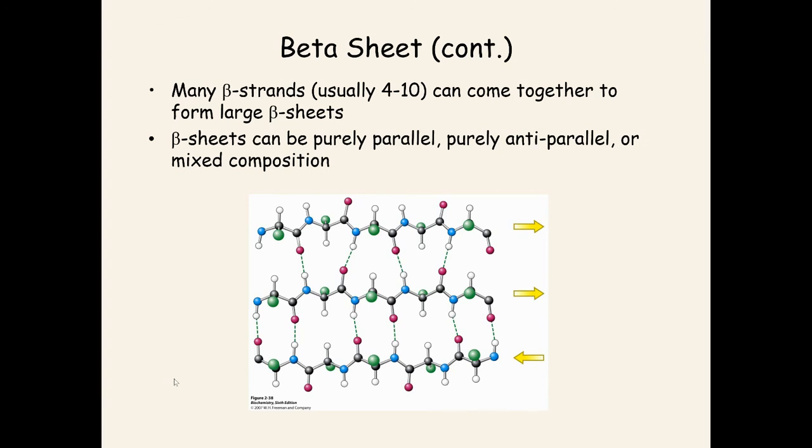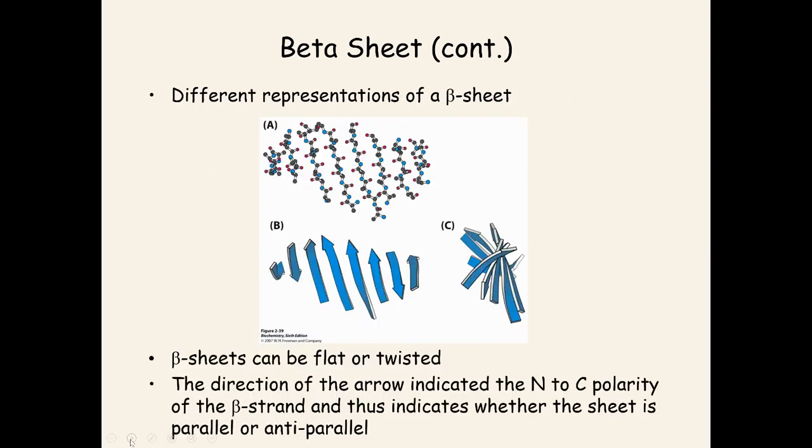Many beta strands, usually 4 to 10, can come together to form large beta pleated sheets. And beta sheets can be purely parallel, purely anti-parallel, or a mixed composition. And there are going to be different representations. They can be flat or they can be twisted.